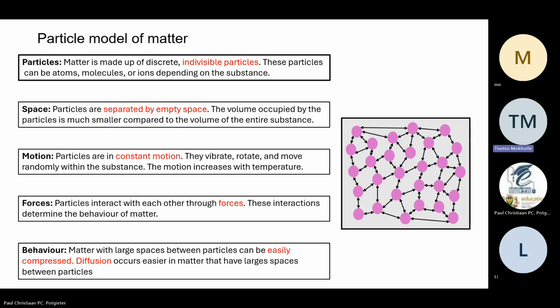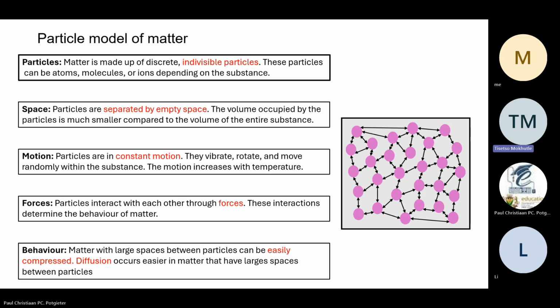In the case of gases, they move randomly within the substance. So the motion increases with temperature. If you boil water, the spaces are going to be bigger. If you heat up a gas, the spaces between the gas particles will become even bigger. If you heat a solid substance, the particles will vibrate more.